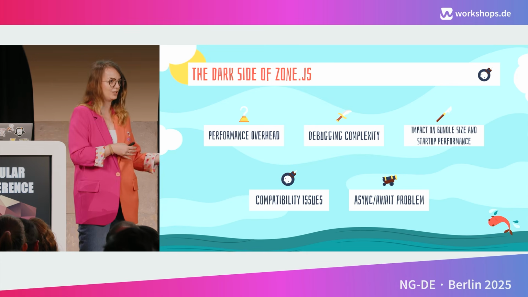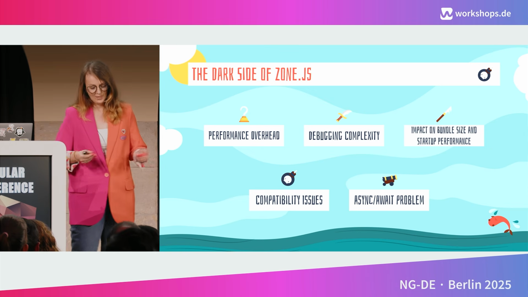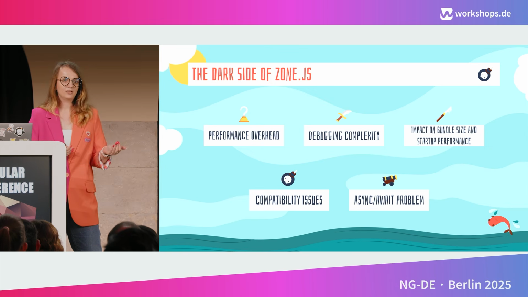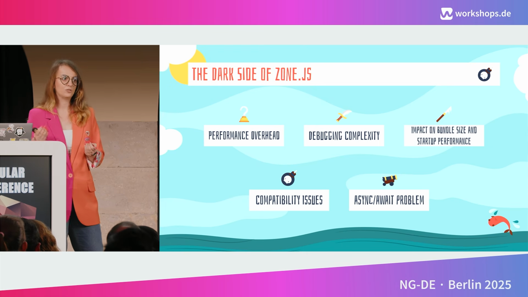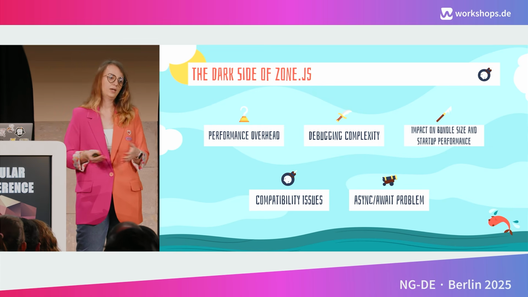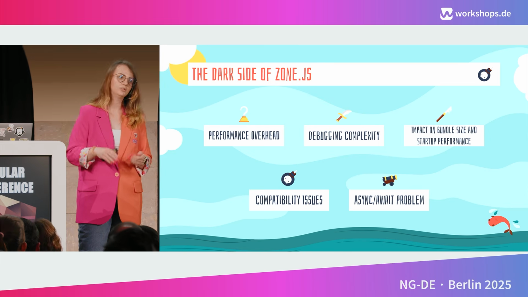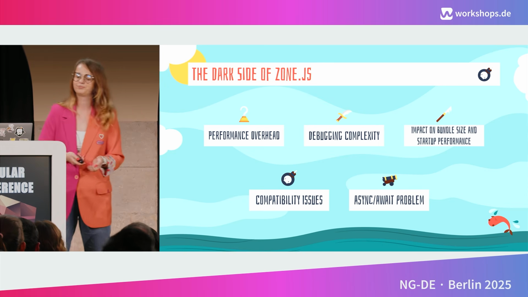Somebody needs to update it when a new browser API occurs. And not every modern browser API can be patched effectively by Zone.js. So here is an example with the async await problem. It has to be down-leveled to work correctly with Zone.js.